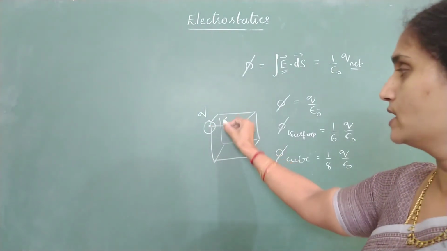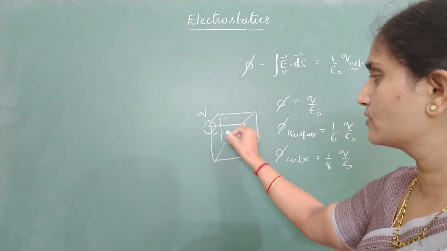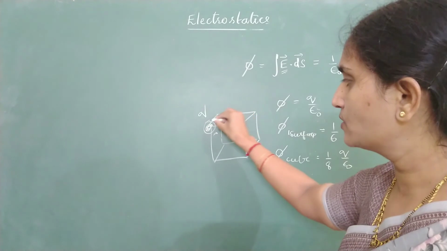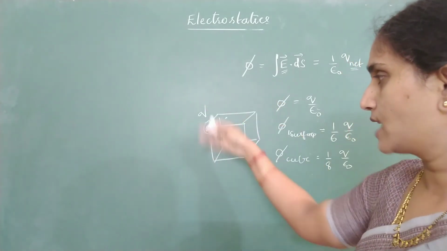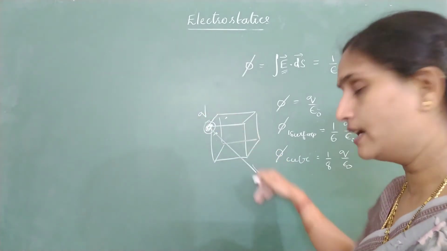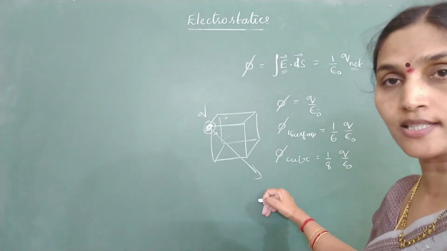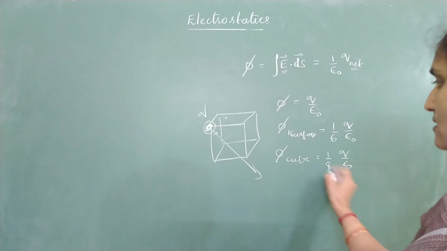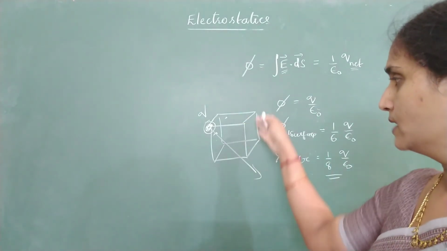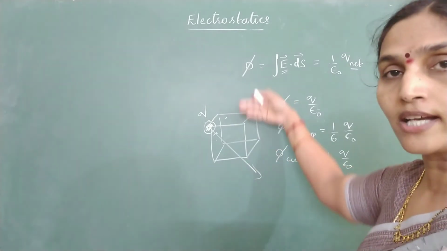We know the flux through the surfaces touching the charge, the top, side and the front surface, is 0. Just now I told you, if field lines are parallel to the surface, the flux passing through it is 0. So this flux is distributed among the remaining three surfaces, that is the bottom, this side and the back surface.